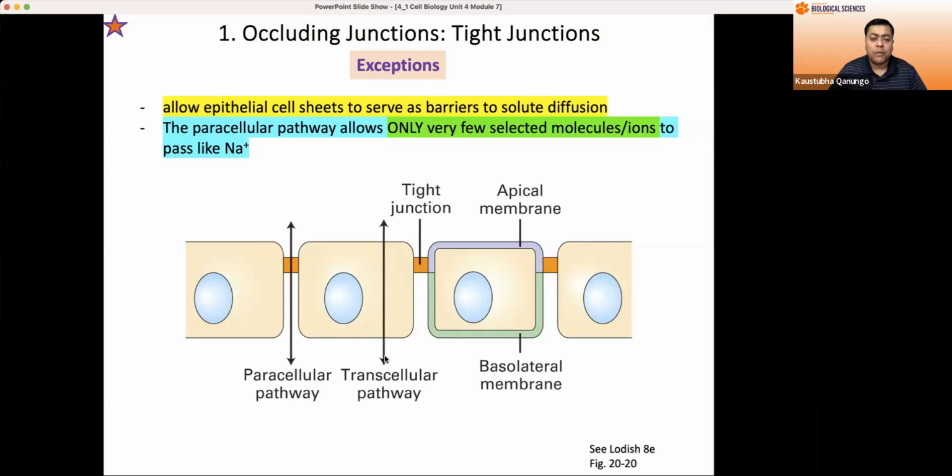And even for water moving from this area to this, you need a set of aquaporins which bring the water from the apical surface into the cell, and then another aquaporin that will move it from the cell to the basolateral layer if the water is being absorbed by this layer. So these are some of the considerations that you can think of.